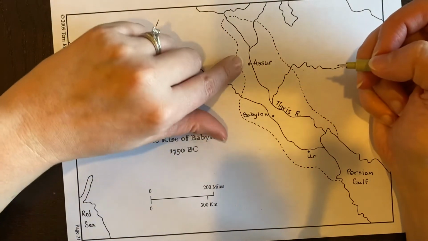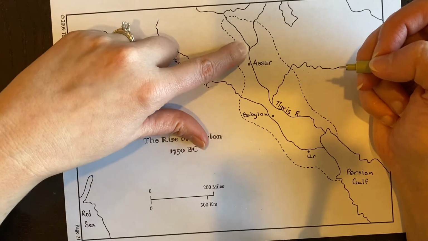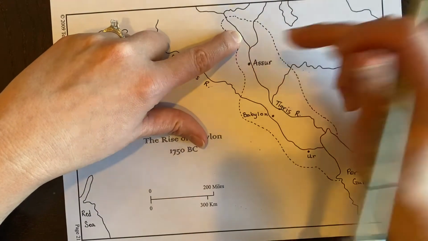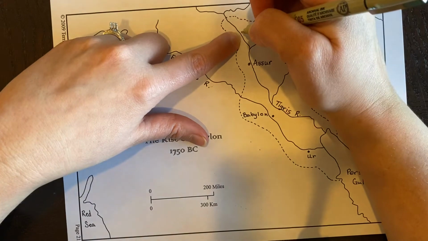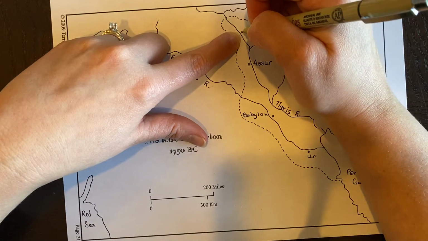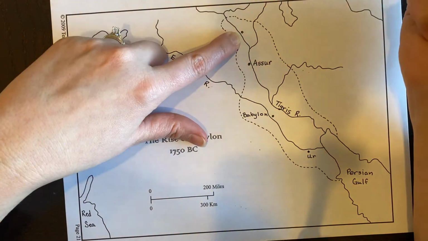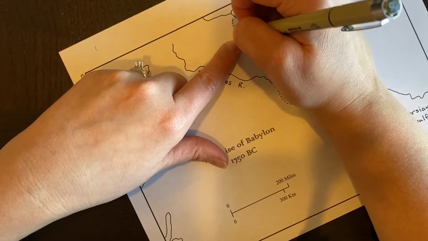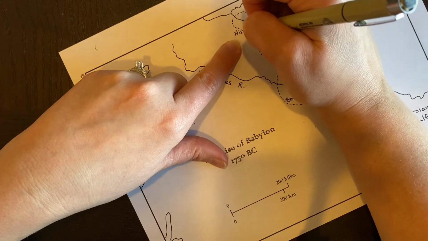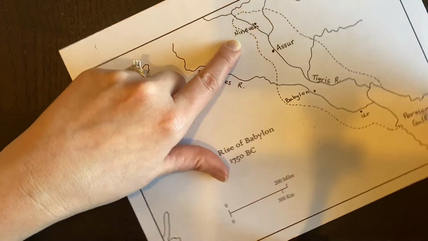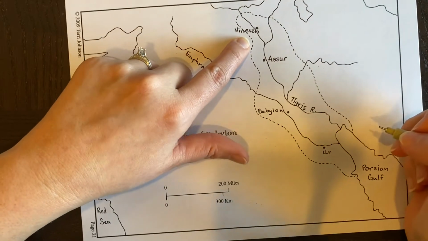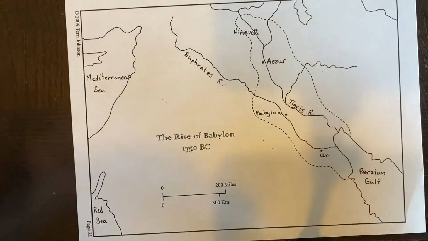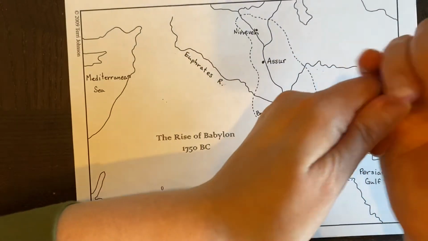Traveling further north along the Tigris, past the Y, on the right side of the Tigris was the city of Nineveh. So capital N-I-N-E-V-E-H, Nineveh. And that's all we need our black pen for.